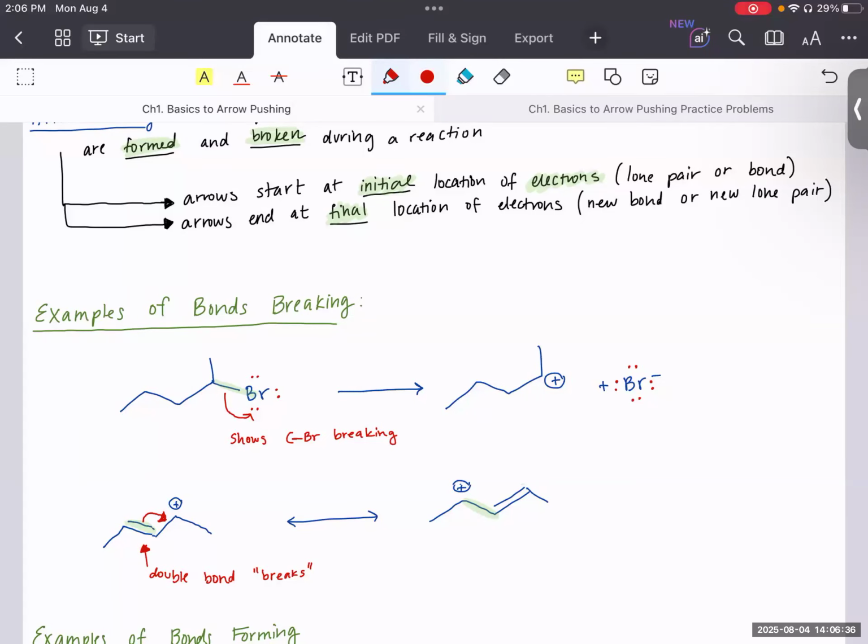And so here we're not drawing an arrow to an atom, we're drawing the electrons to that new location of the double bond. And so in comparison to that top one, where we drew the arrow to the bromine because those electrons ended up on the bromine, in this one, we draw it to the bond location.